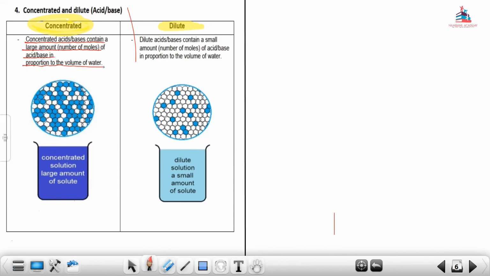So for one to have a concentrated acid, we need a larger number of moles in proportion to water, less water, but relatively, we need to compare the same amount of water for us to understand the issue of concentrated and dilute.